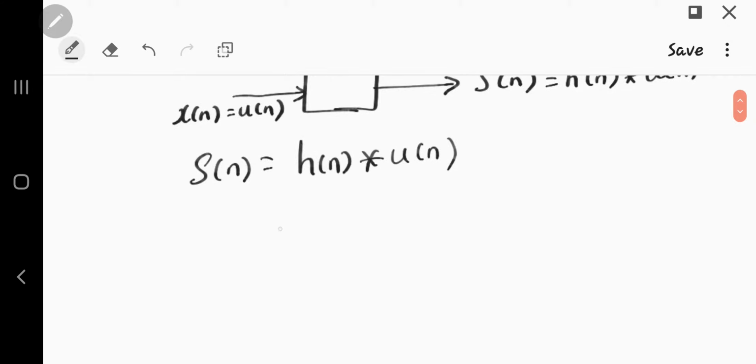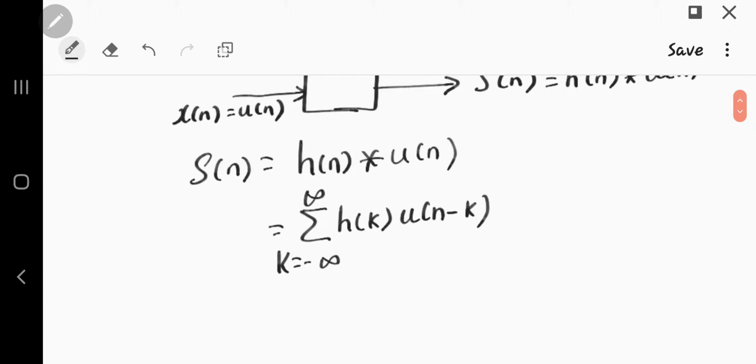Now if you apply the convolution sum expression and elaborate this, k varies from minus infinity to plus infinity, h of k u of n minus k.